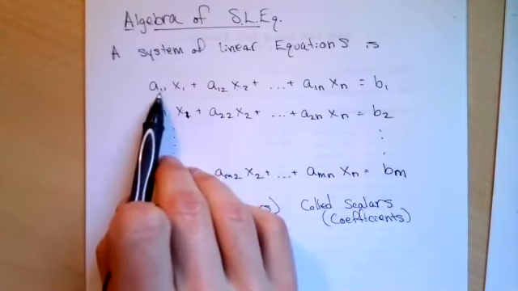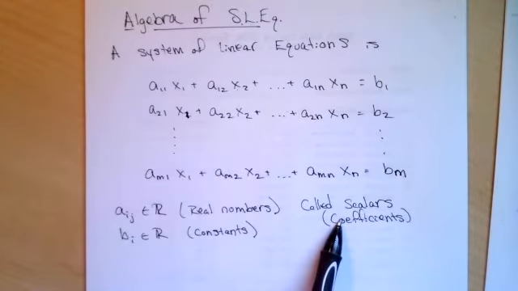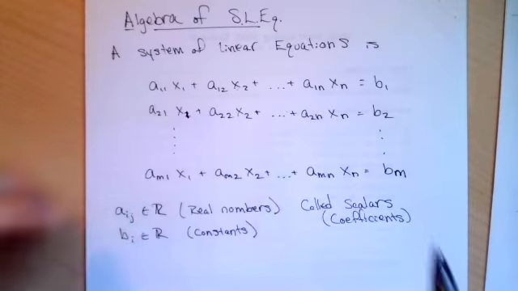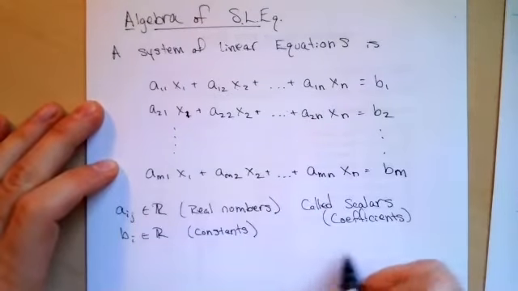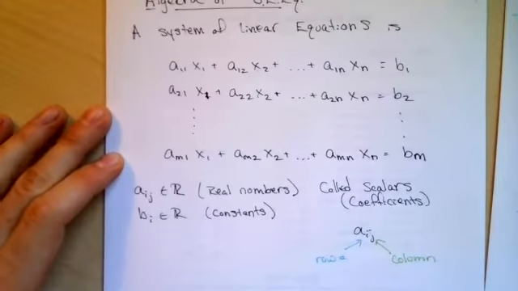These aij are our coefficients, our scalars, and we always index them by row and column. So aij, it's always the row by the column, just to keep them in order.